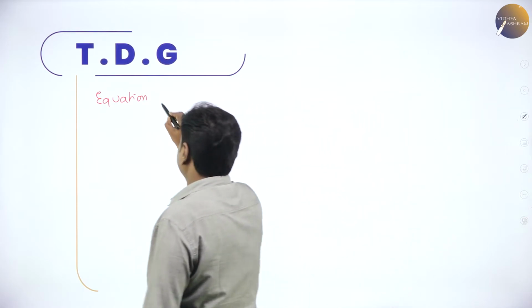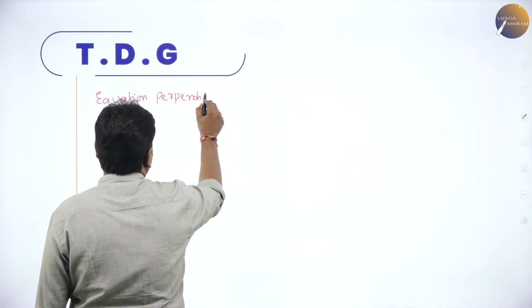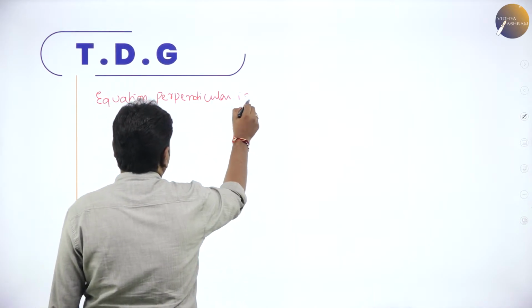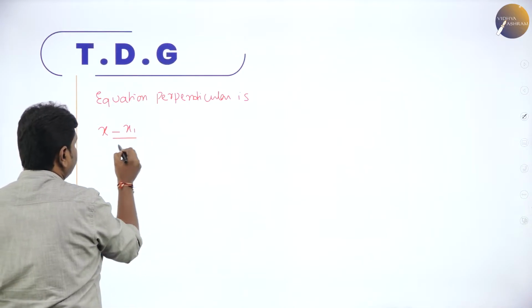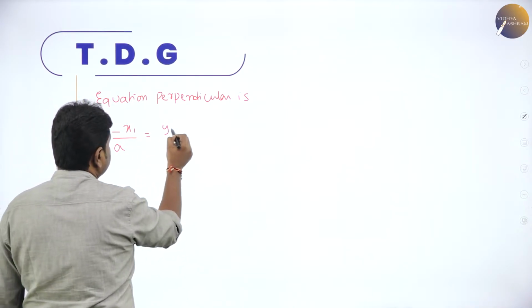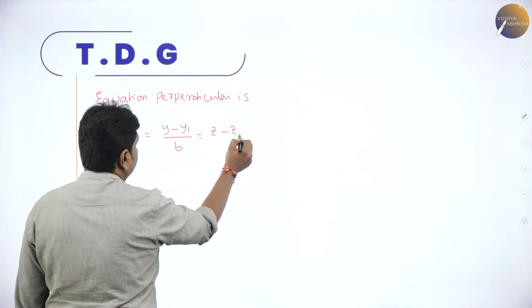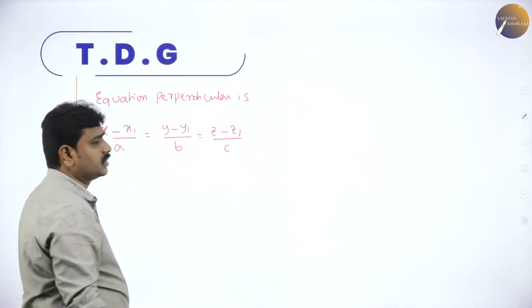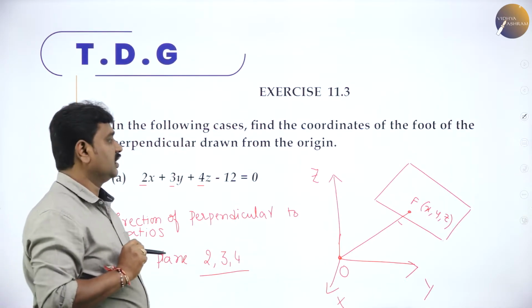Dear students, perpendicular is also a line. So the equation of the perpendicular is x minus x1 by a equal to y minus y1 by b equal to z minus z1 by c, where x1, y1, z1 is a point on the line, that is, on the perpendicular.